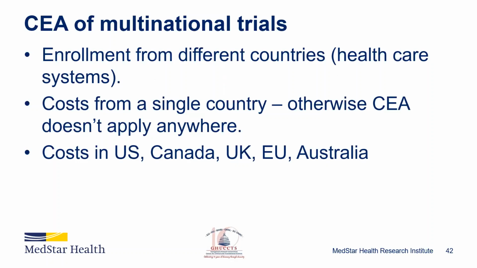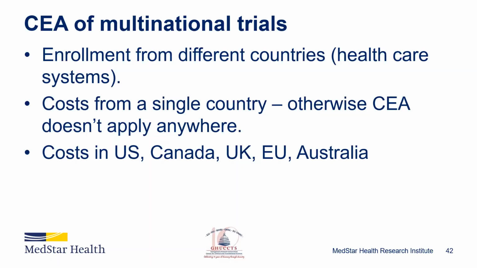Okay, so the final thing that I want to mention here is that many cost effectiveness trials are done from different healthcare systems, that is, patients are being enrolled from different countries. And so what we've done is we assume that the results are the same regardless of which country or which healthcare system they came from, but of course you can't assume the same costs.